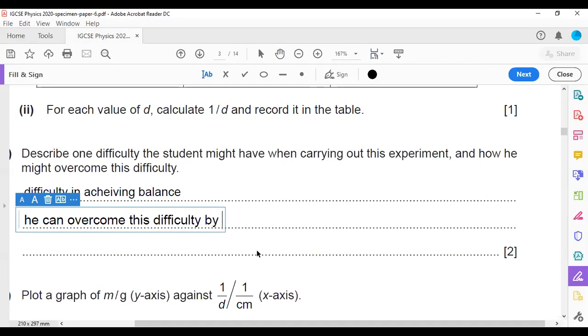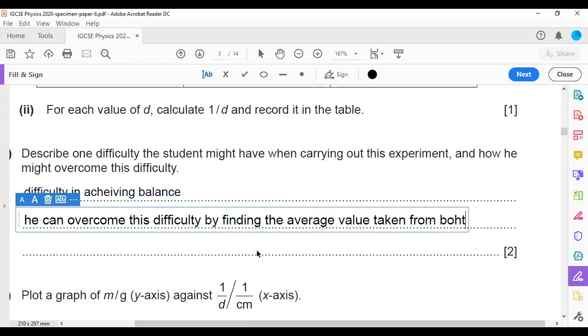Find the average value taken from both sides. So what he could do is take the value on the left hand side and then take it on the right hand side.